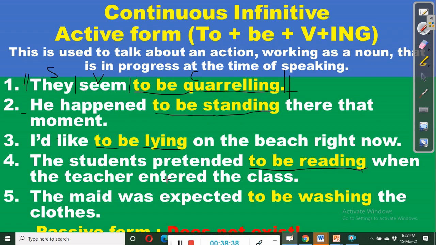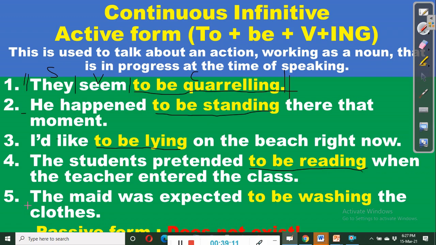So these are predominantly verbs of perception, as I earlier hinted. So here, to be reading is used to talk about an action that was in progress at the time in reference when the teacher entered the class. This was the action going on. They were supposed to be reading, but they only pretended that they were reading. All right.